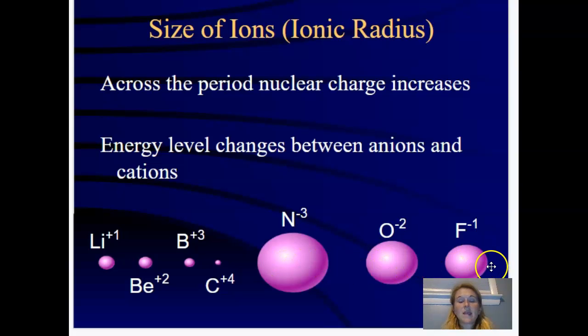They all have the same number of electrons and the same amount of shielding and the same energy levels. But the reason that fluorine is smaller than oxygen and oxygen is smaller than nitrogen is because of that greater nuclear charge. We're increasing the number of protons in the nucleus. So this same effect going on here that we have going on here.